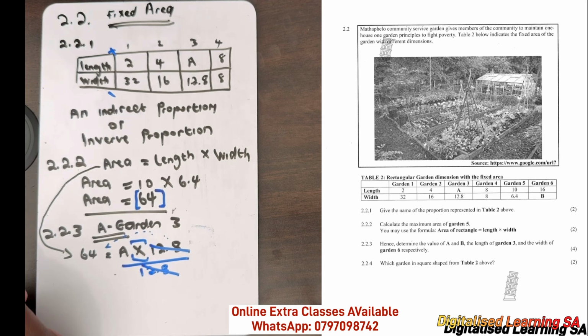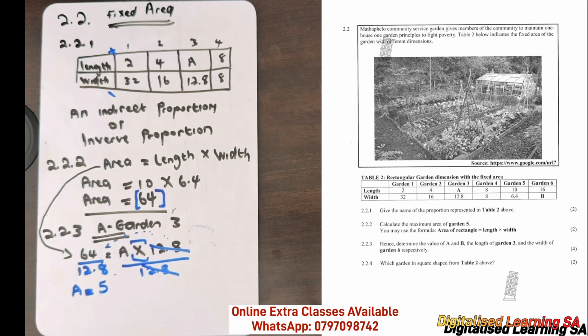Remember that what you do on your right hand side, you also need to do on your left hand side, so we also divide by 12.8 on this side, and A will be equal to 64 divided by 12.8, which is 5.